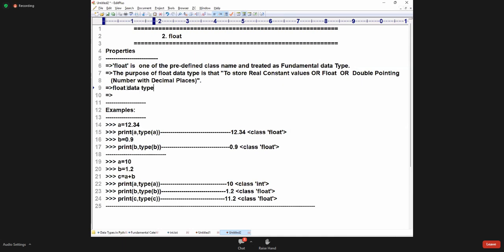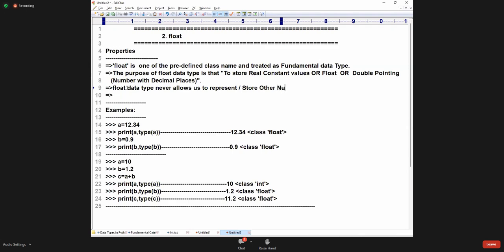Float data type never allows us to represent or store other number system values.